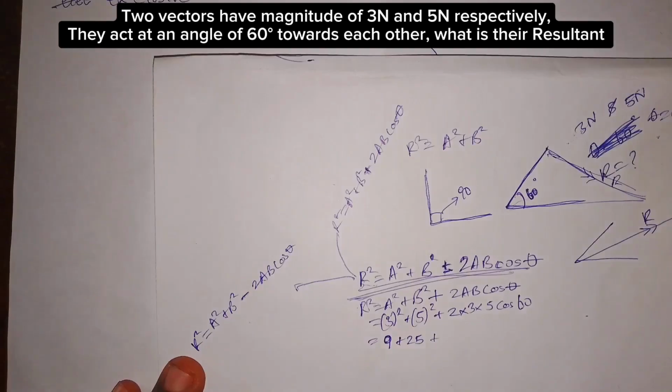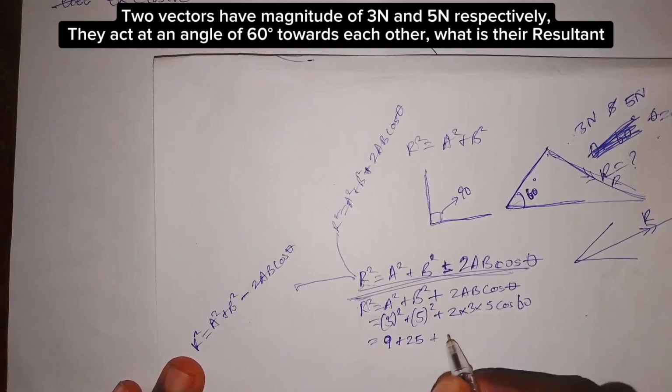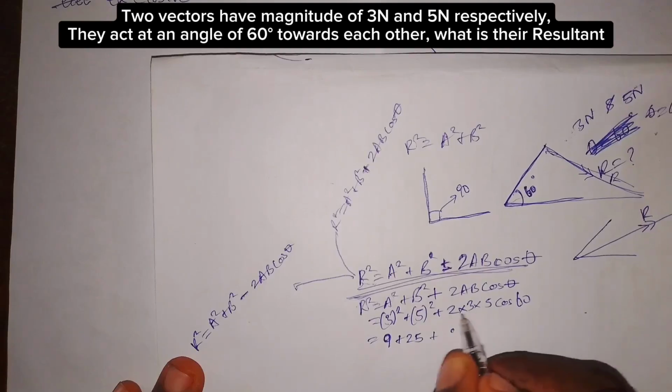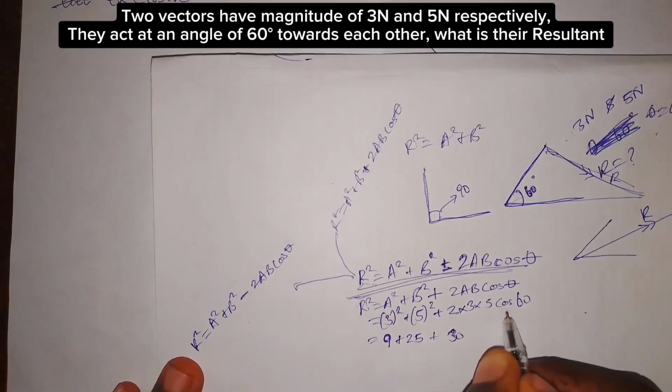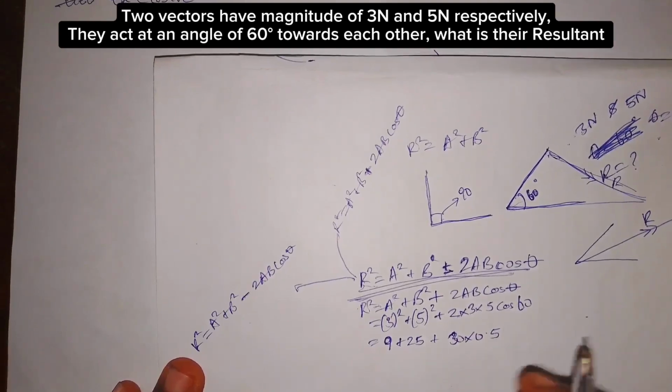Then plus 2 times 3 times 5. 2 times 3 is 6, 6 times 5 is 30. Cos 60 is 0.5.